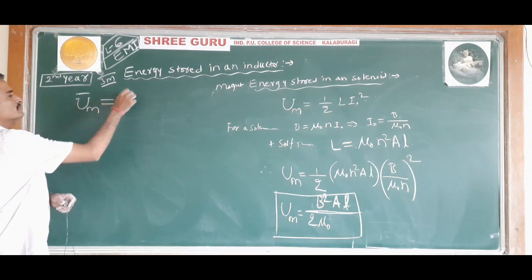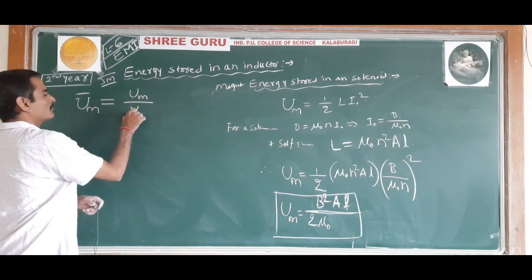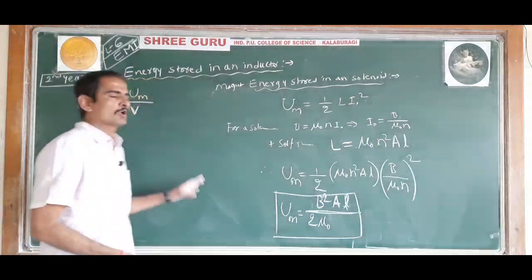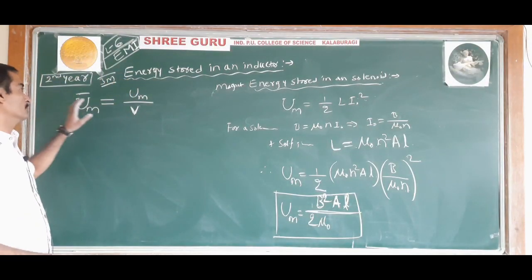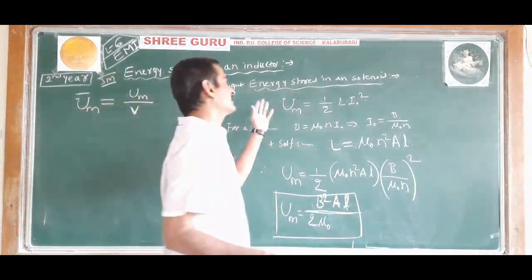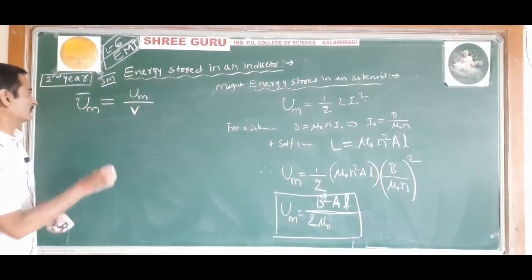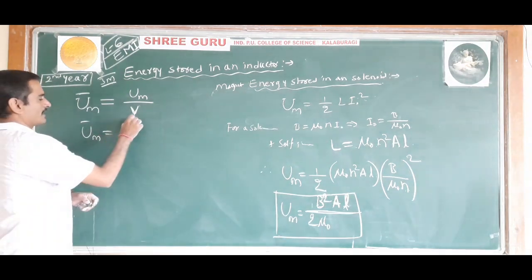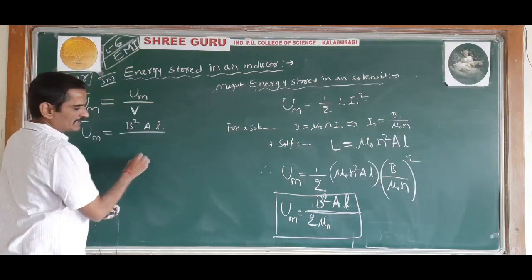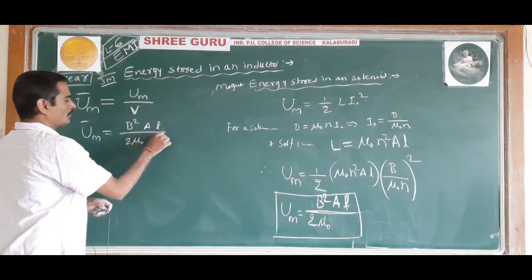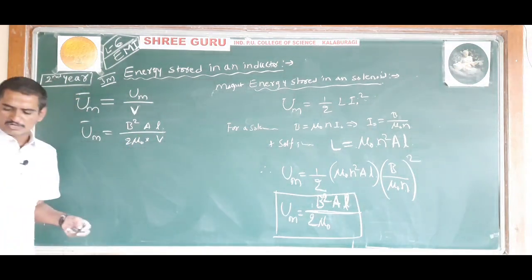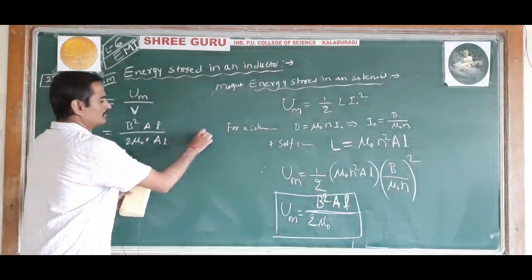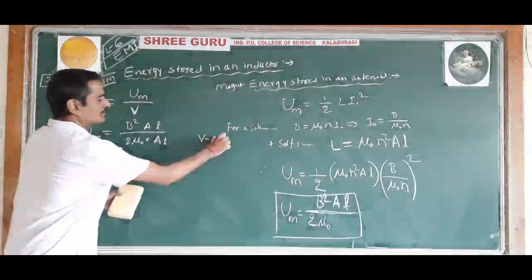So UM bar is equal to UM divided by volume, that is, magnetic energy stored per unit volume. So UM bar is equal to B square A L divided by 2 mu naught into volume. And volume of the solenoid can be written as A into L, length into cross-sectional area.